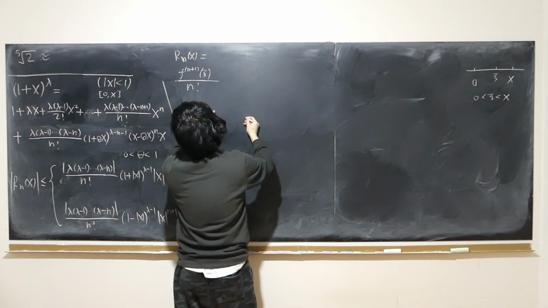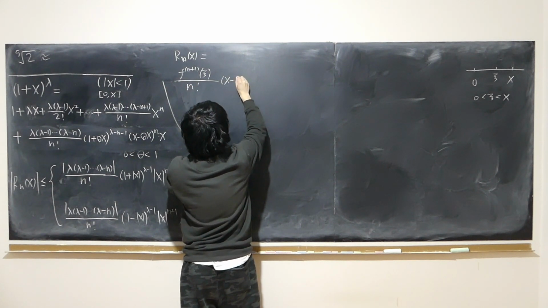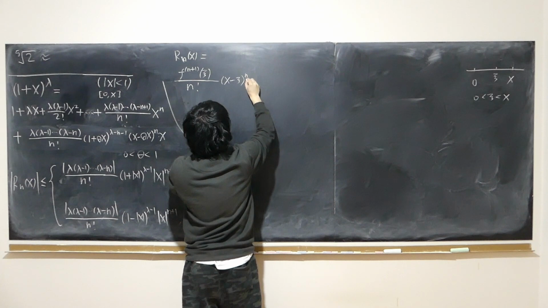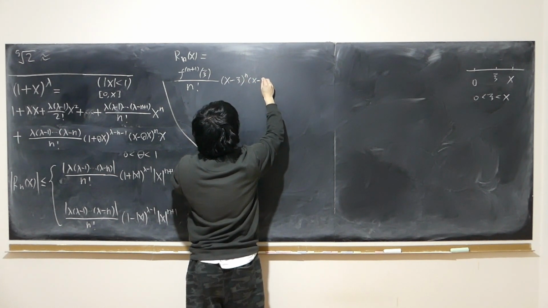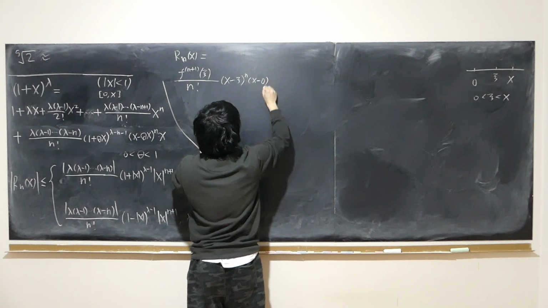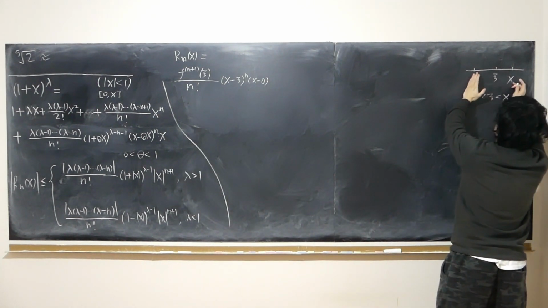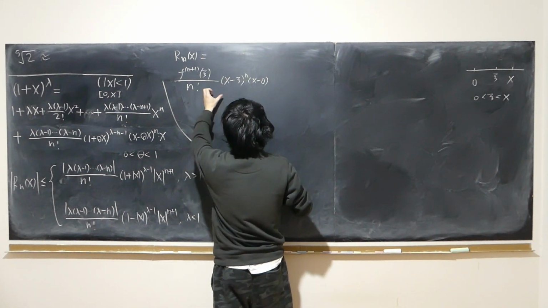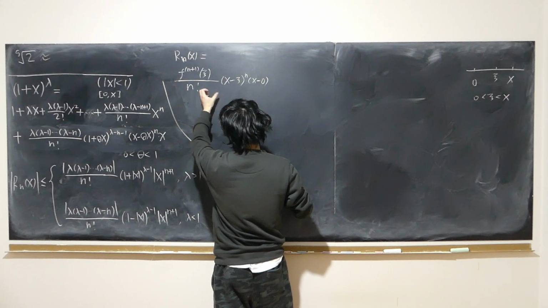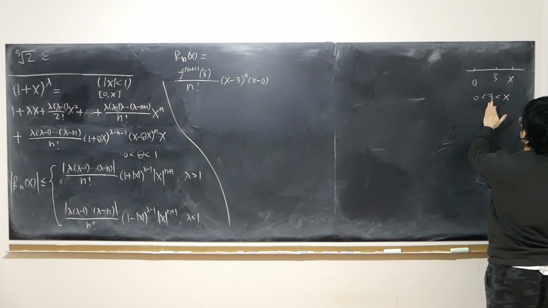Now we multiply by x minus xi to the power of n, times x minus 0. So then we can just replace xi with theta times x.